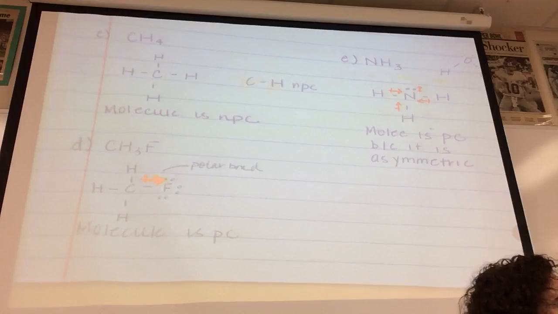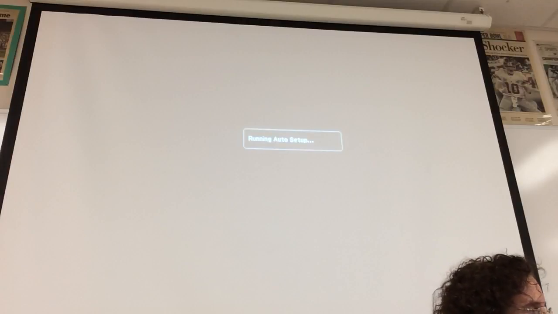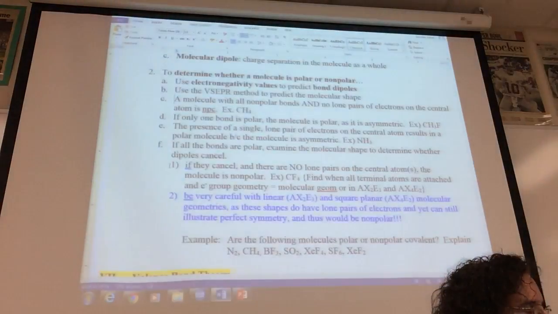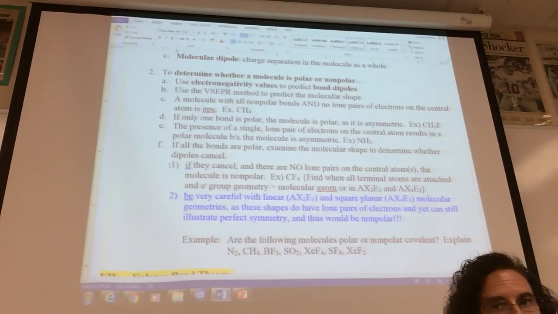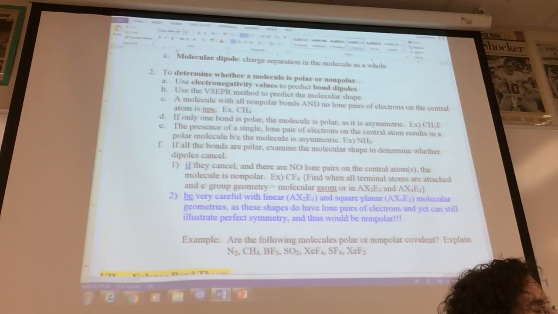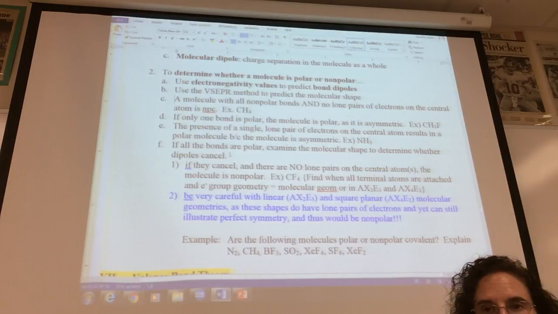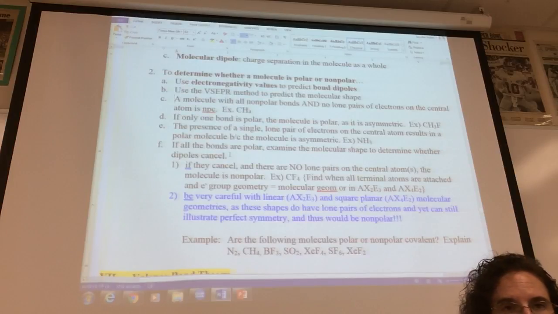All right. So again, if you look at all the rules, everything is the same in honors through F1, but then there's F2, which takes it to a higher level because we don't do expanded octets in honors. So F, if all the bonds are polar, examine the shape to determine whether the dipoles cancel. The dipoles will cancel if the molecule is perfectly symmetrical.